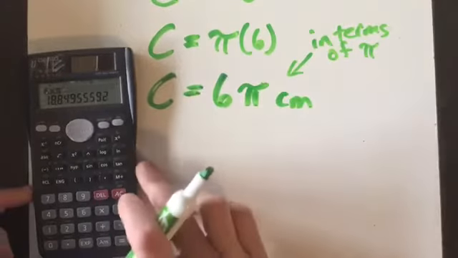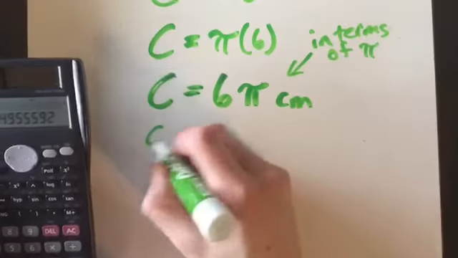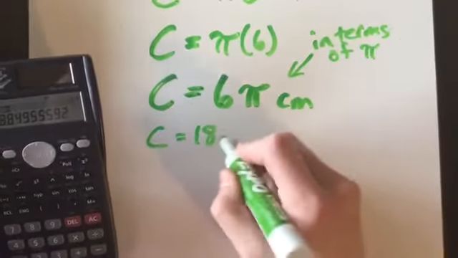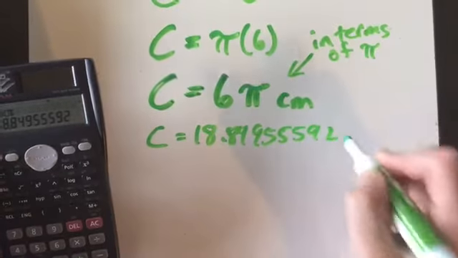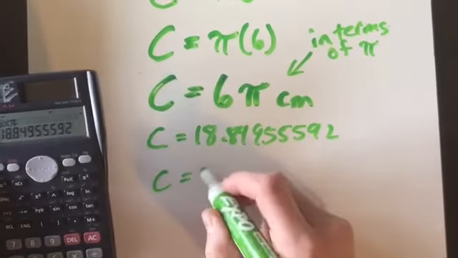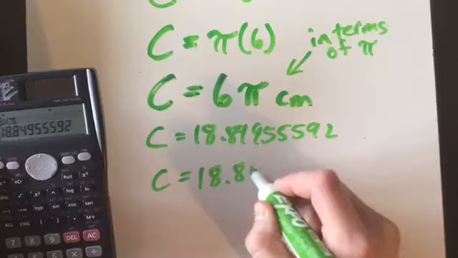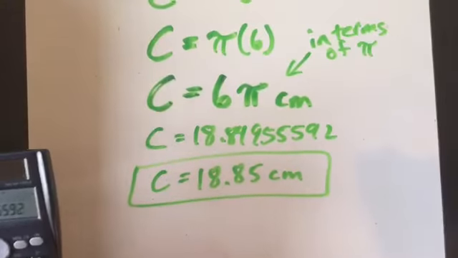I hit equals, and it gives me a big long number, 18.8495592. And let's round to the nearest hundredth. So we're going to say the circumference is 18.85 centimeters, and circumference is a linear unit.